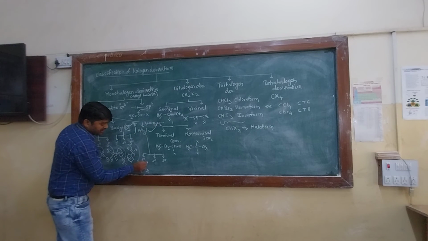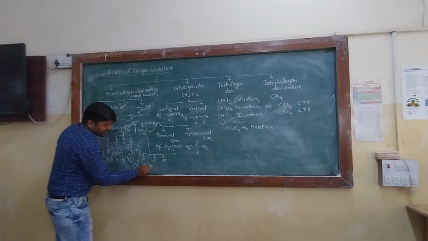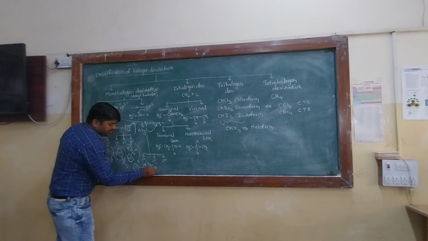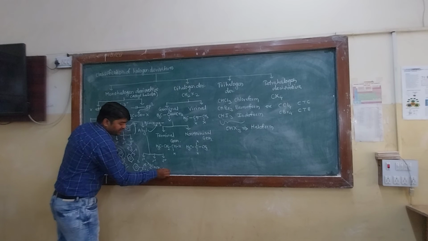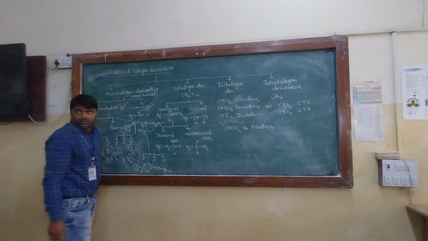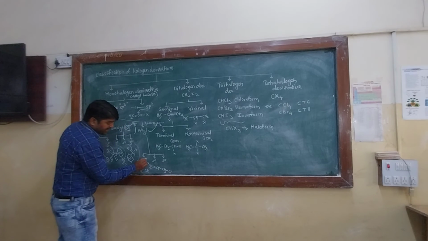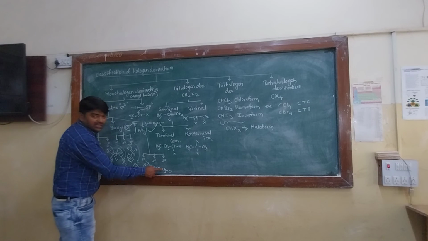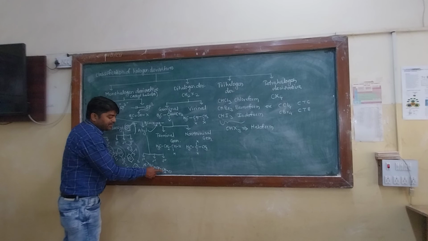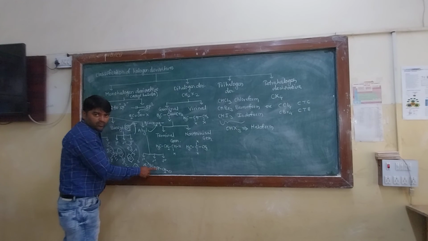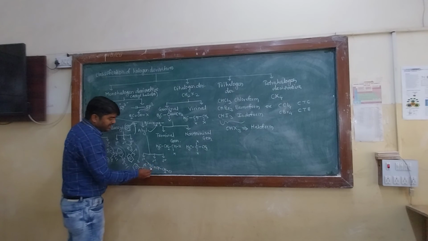For example, let us take an example of primary: CH2=CH-CH2-X, with Cl. Allyl chloride. This carbon atom is a primary carbon. Why primary? Because the Cl bearing carbon atom is attached to one other carbon atom, so it is a primary allyl.